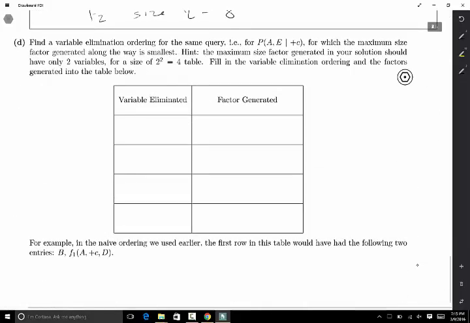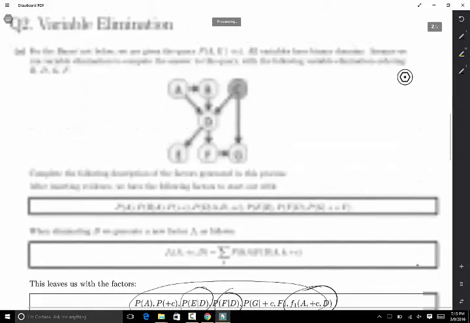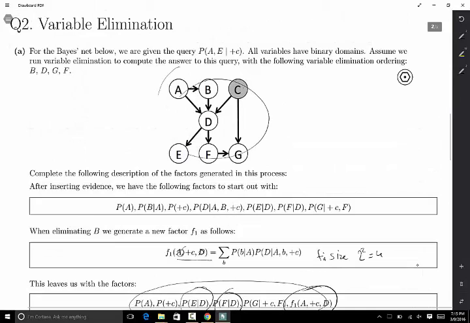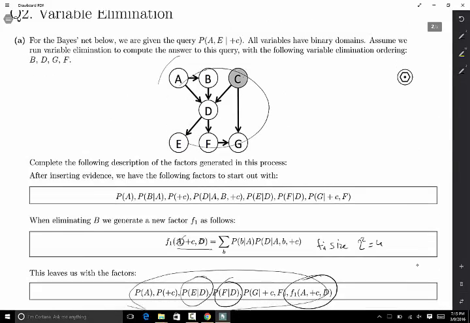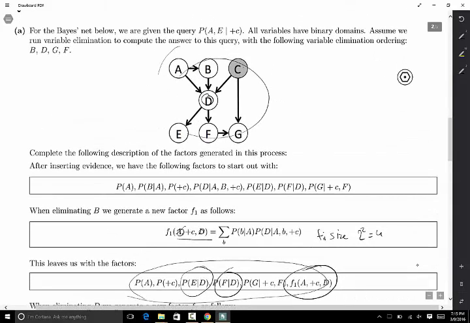Now for the last part of this question, we need to find an ordering for the variable elimination such that the size of the largest factor is minimized. So we want to never have large factors because large factors require a lot more computation. In this case, if we go back to our BayesNet, the reason factor 2 is so large is because we eliminated D very early on.